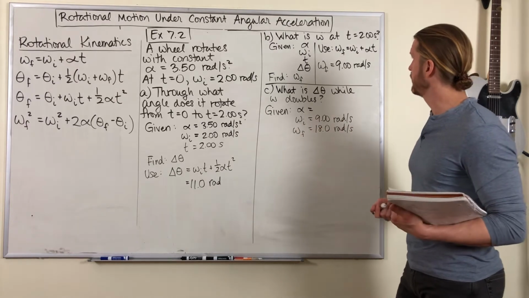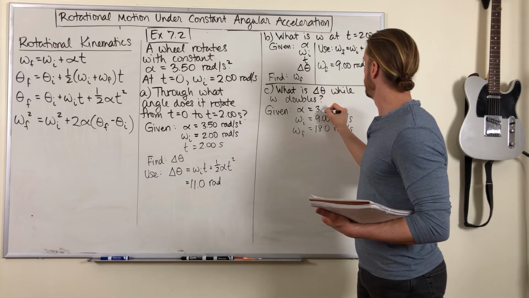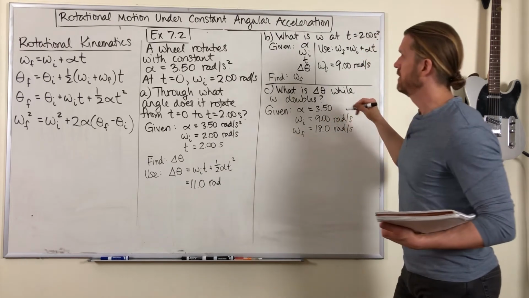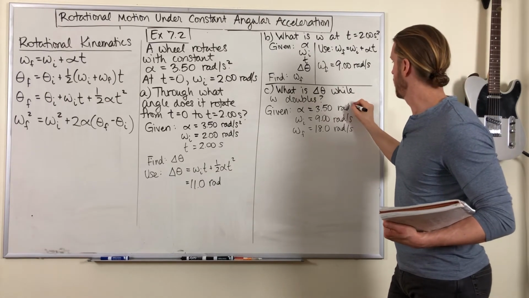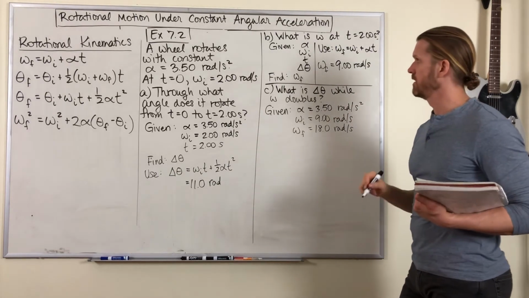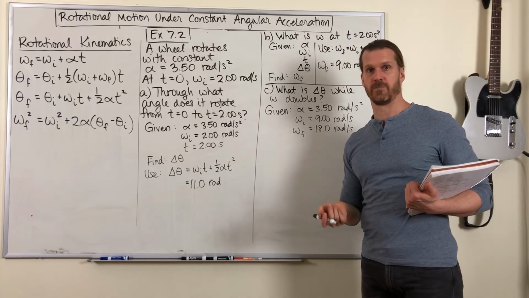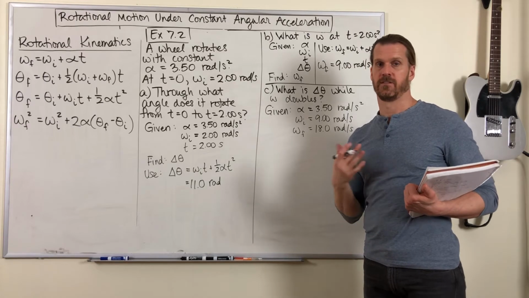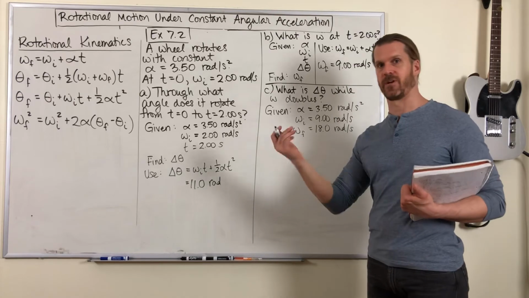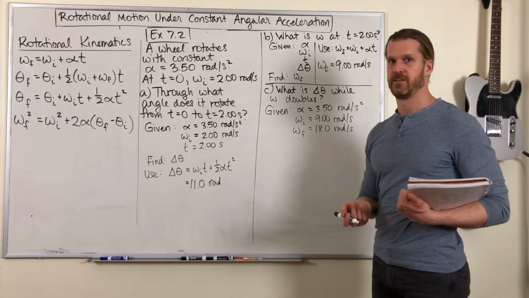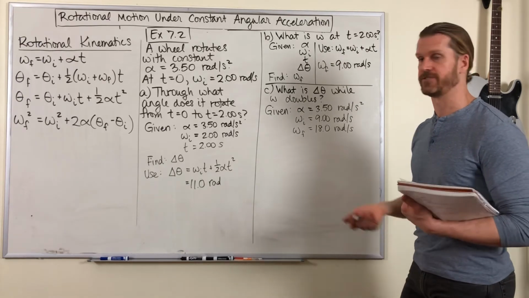And alpha is the same value as it's always been, because in this entire situation, the angular acceleration is constant. And anytime you use the kinematic equations, the acceleration has to be constant, whether it's linear kinematics or rotational kinematics. They only work for constant acceleration or constant angular acceleration.